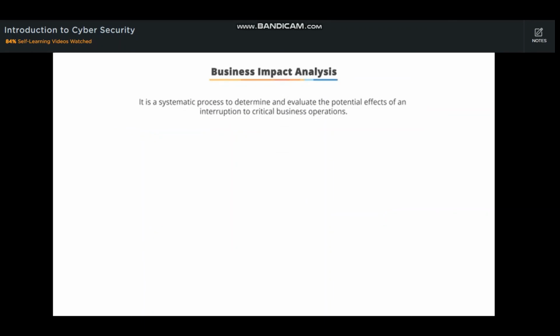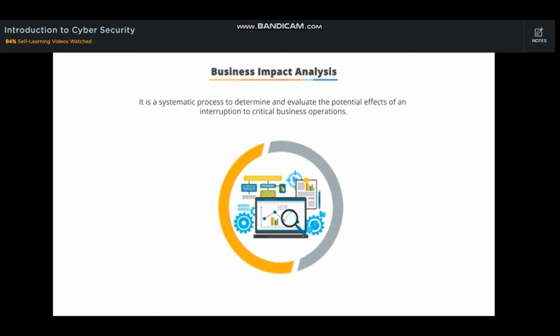A business impact analysis is a systematic process to determine and evaluate the potential effects of an interruption to critical business operations as a result of a disaster, accident, or emergency. The impact may be in the form of qualitative or quantitative.